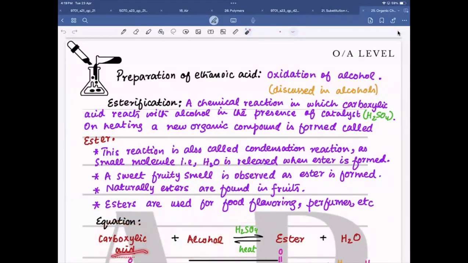See, carboxylic acid is a weak acid, so we will put the reversible arrow over here. Okay. So ester is formed along with the water.